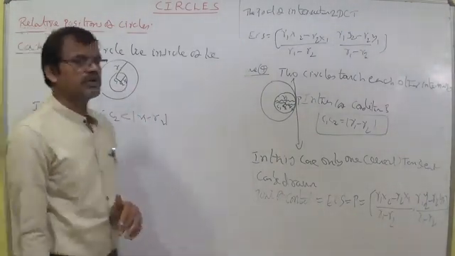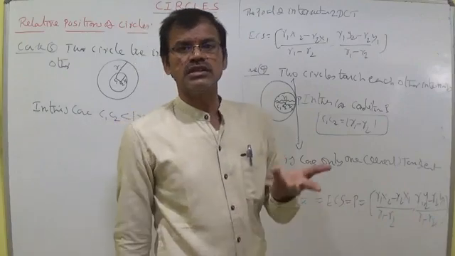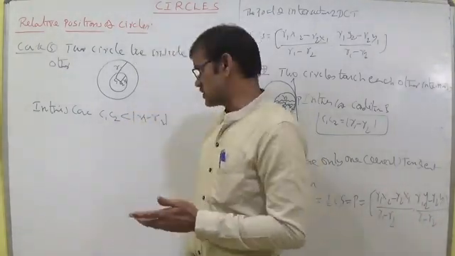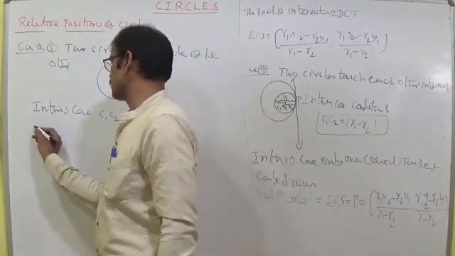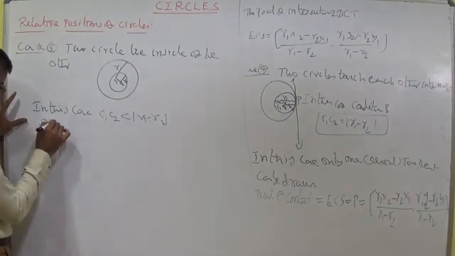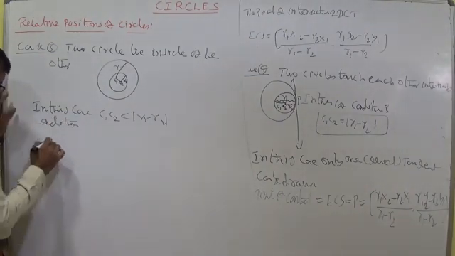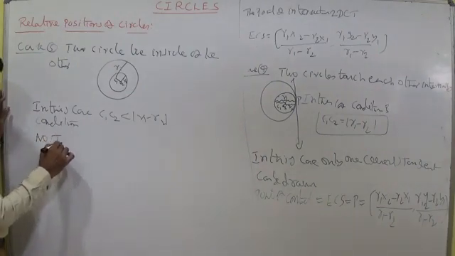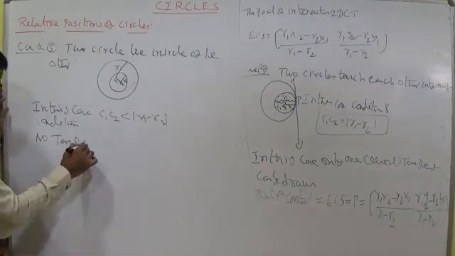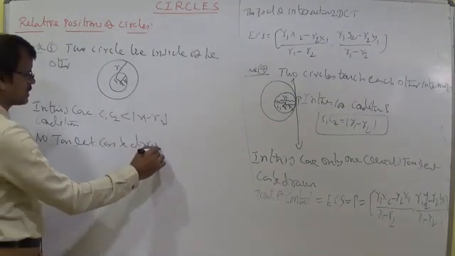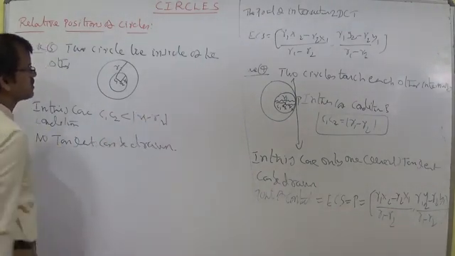Whenever it is less than the difference of the radii, if two circles lie inside of the other, then there is no chance to draw a tangent. Therefore, this is the condition. Number of tangents, I am writing here: no tangent can be drawn in this case.